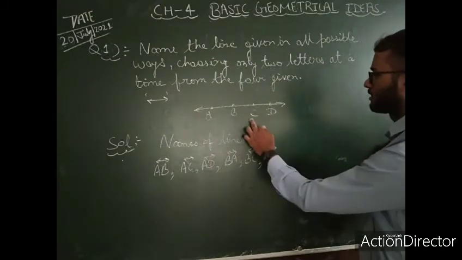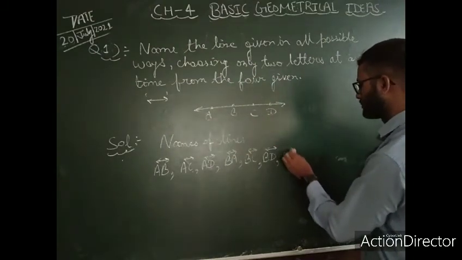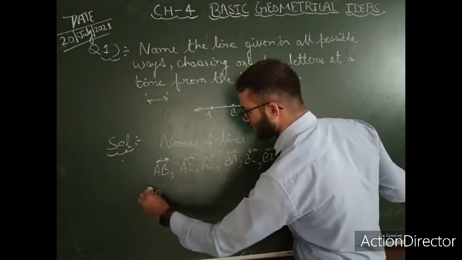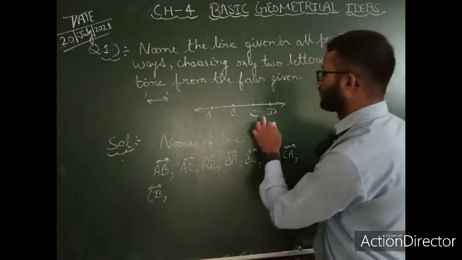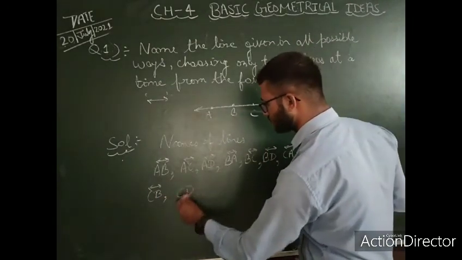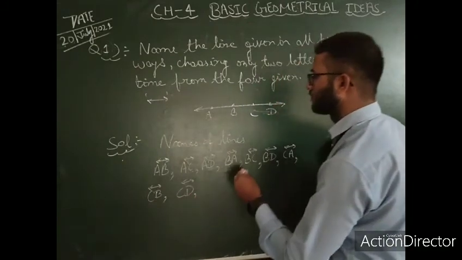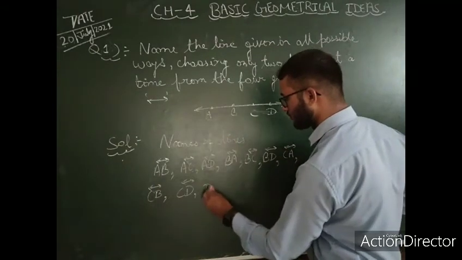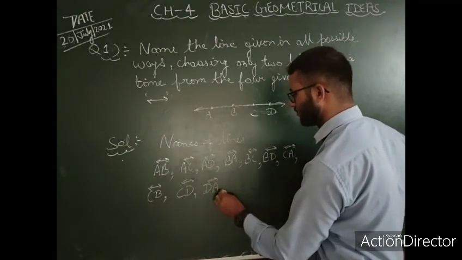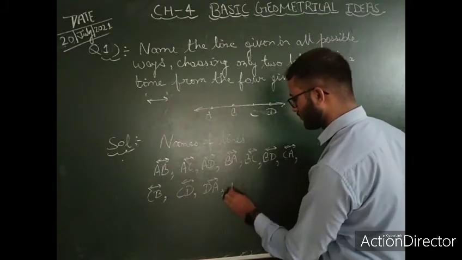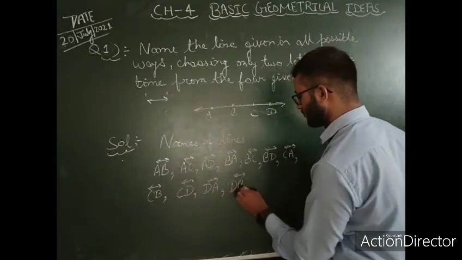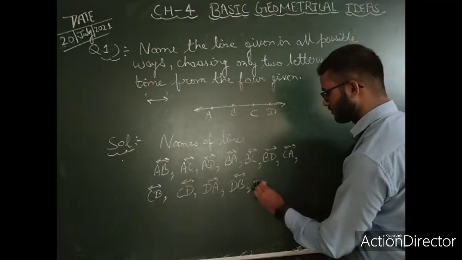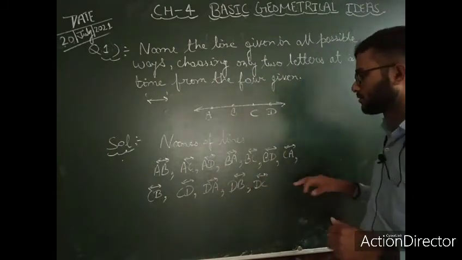Then we take C: line CA, line CB, line CD. Then D: line DA, DB, DC.